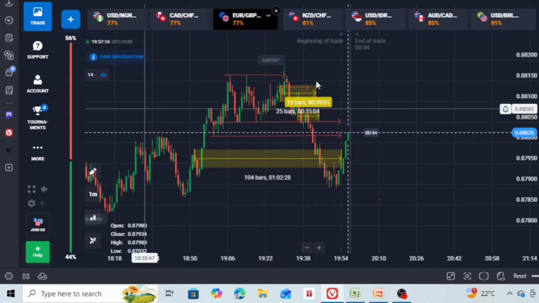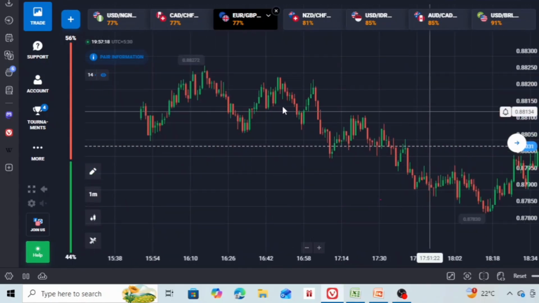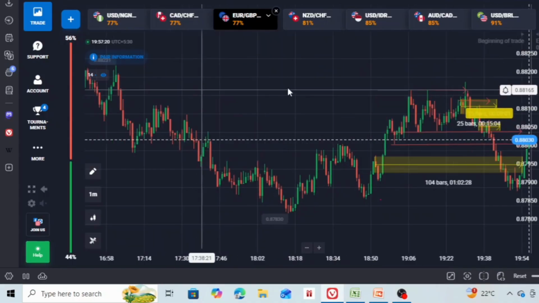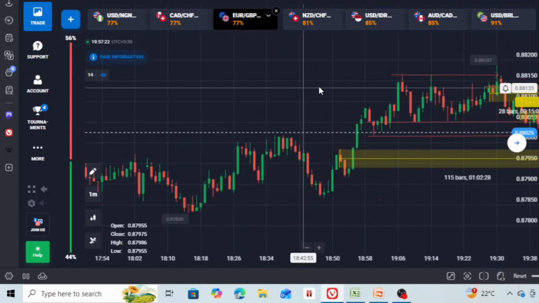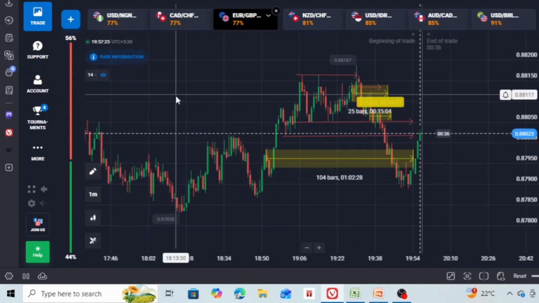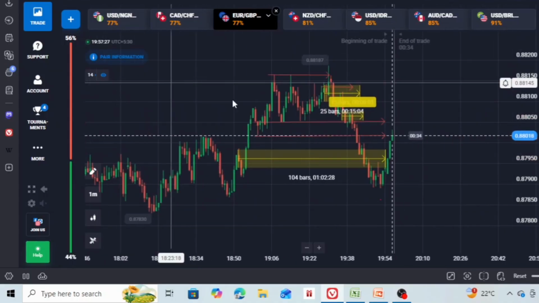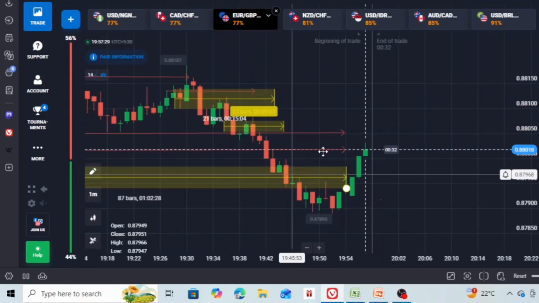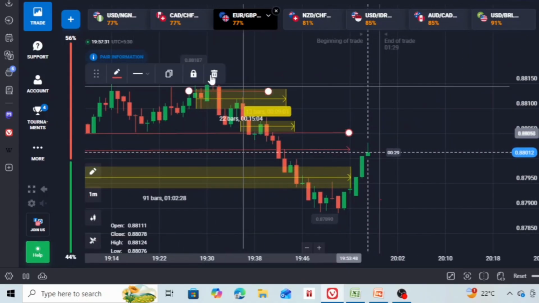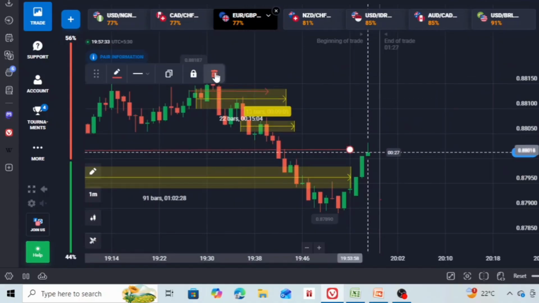Let us see. So this one technically is a downtrend, but practically it's going up now. So it has mitigated this extreme gap. Okay, let's see if we can find any opportunity here.